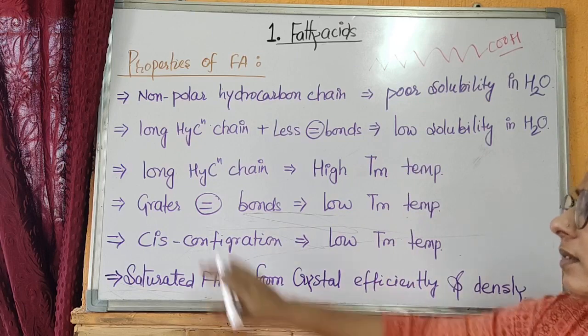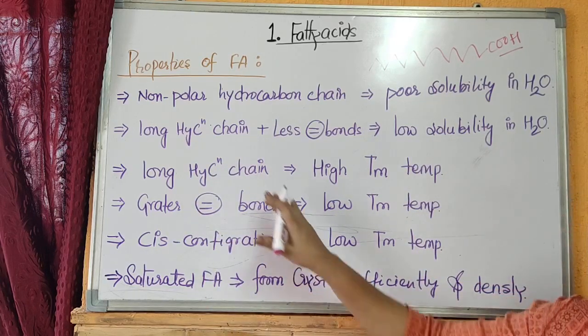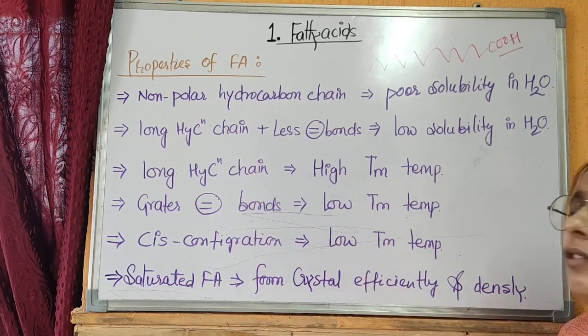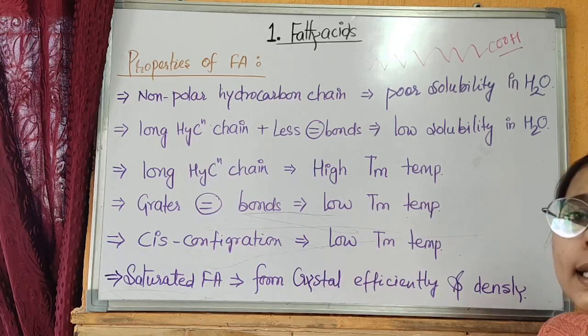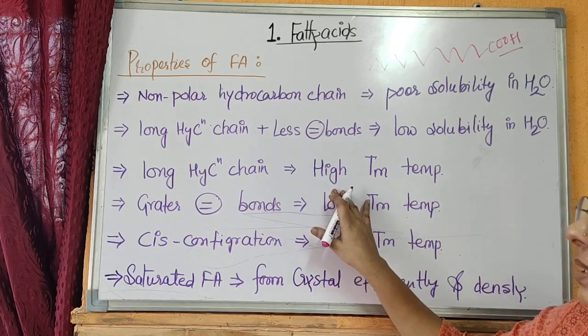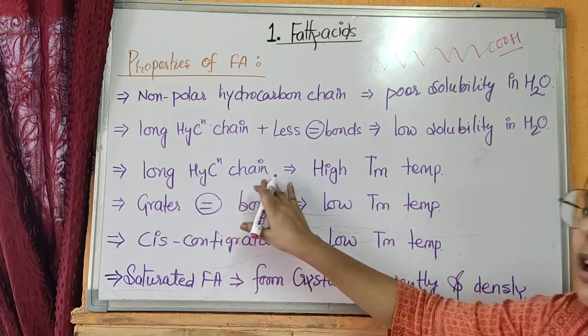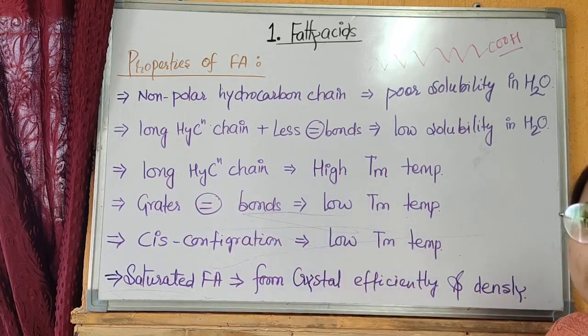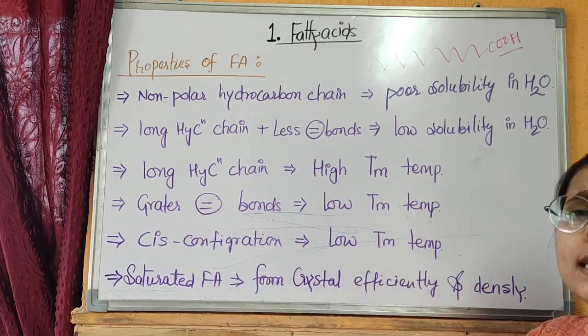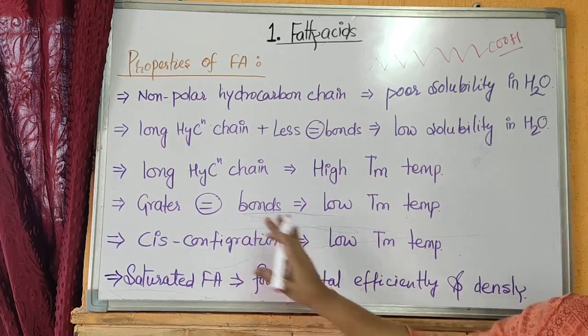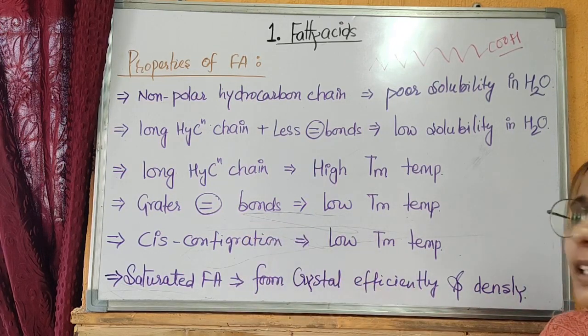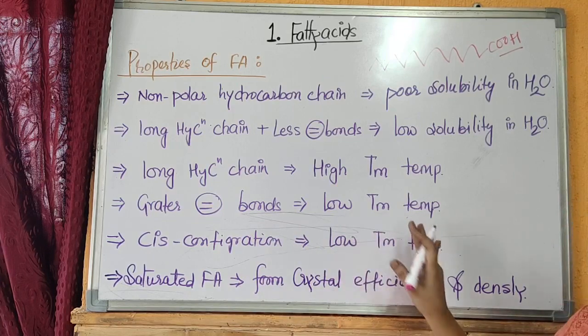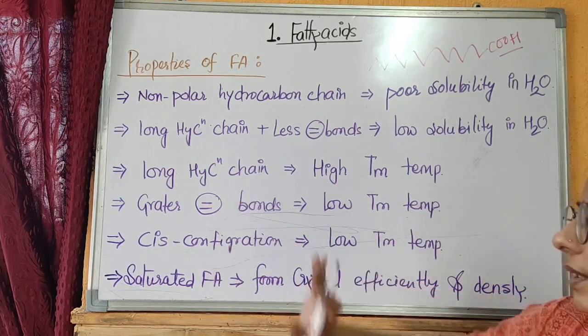The long hydrocarbon chain contained by a fatty acid always gives a high melting temperature, meaning that the fatty acid can be melted only at a very high temperature, and that is because the long hydrocarbon chain makes it more stable. If we increase the number of double bonds in that long hydrocarbon chain, then the melting temperature of that fatty acid will be lower with respect to the previous one.